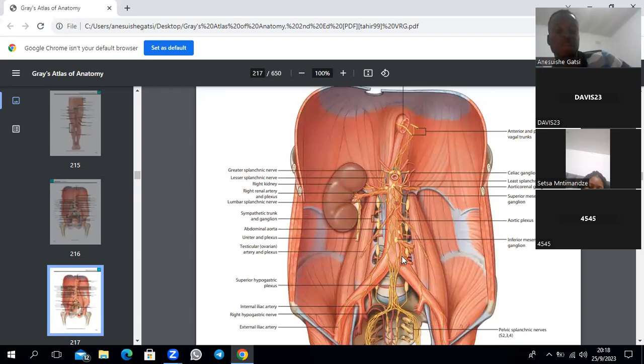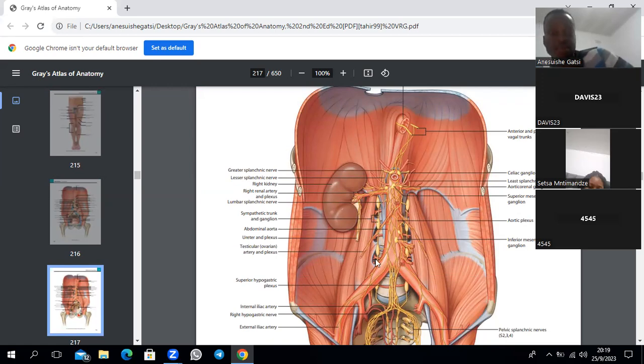So for the purpose of abdomen, we talk about a lumbar sympathetic chain. Just like how in the thorax, there was a thoracic sympathetic chain, in the neck, there was a cervical sympathetic chain. So you have the same arrangement in the abdominal region, just like this becomes the lumbar sympathetic chain. Right?